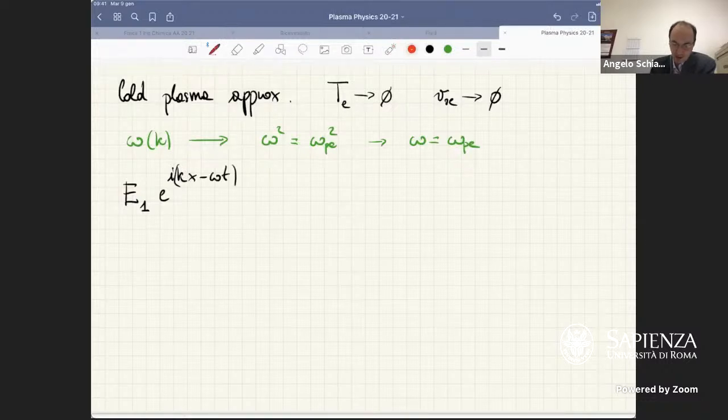And in the cold approximation, we see that, for instance, for k equals 0, omega goes to omega p, and the electric field is oscillating at omega p for every k.